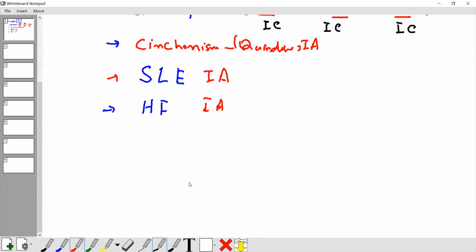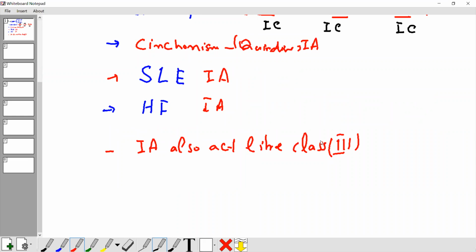Which drug acts like class 3? 1A also acts like class 3. What is class 3? Potassium blocker.